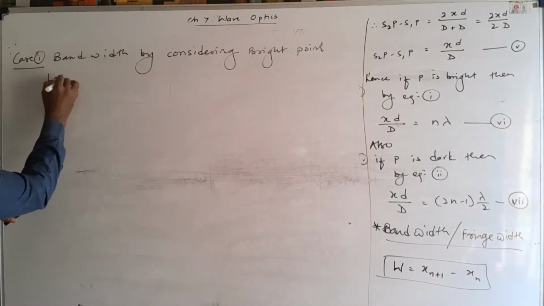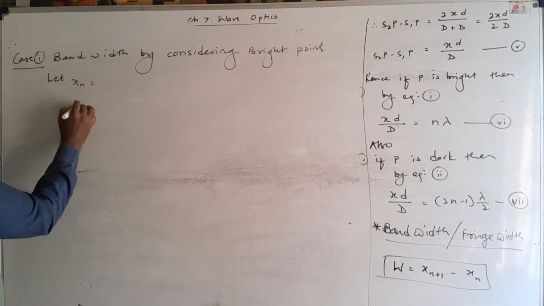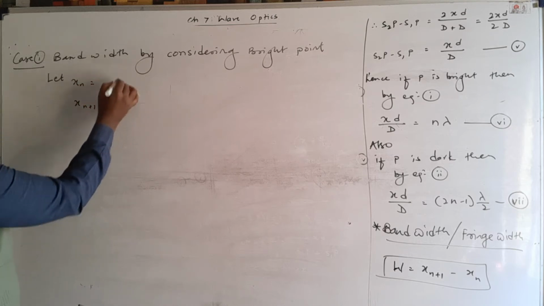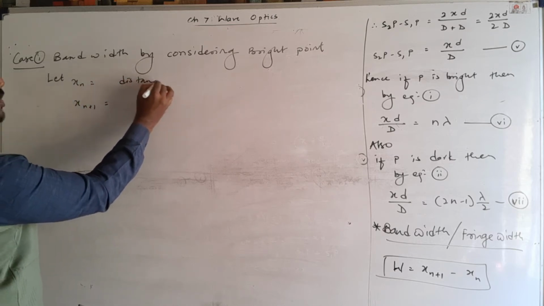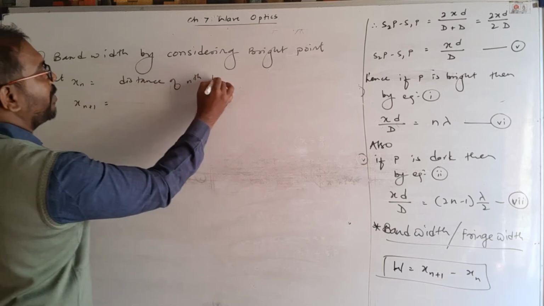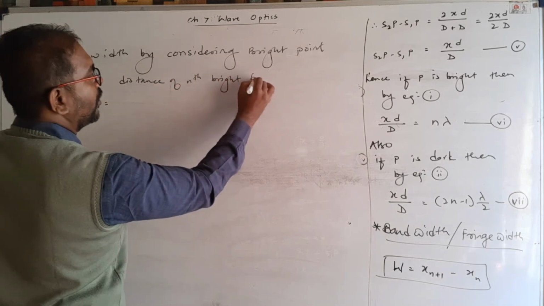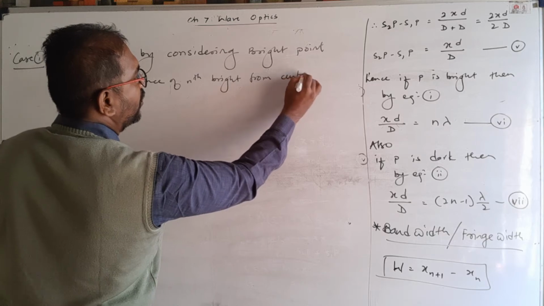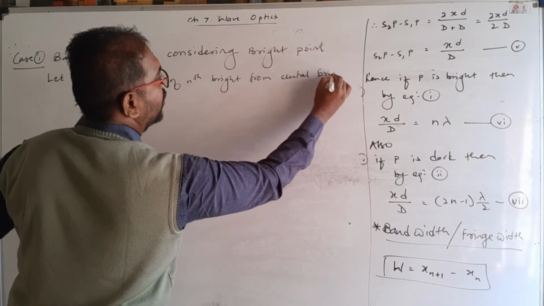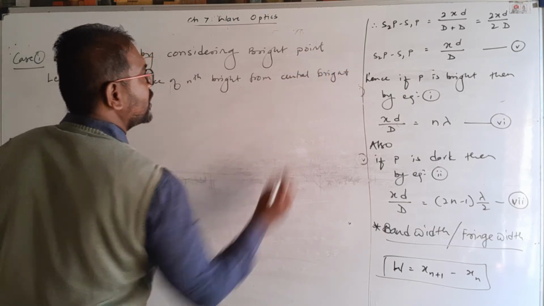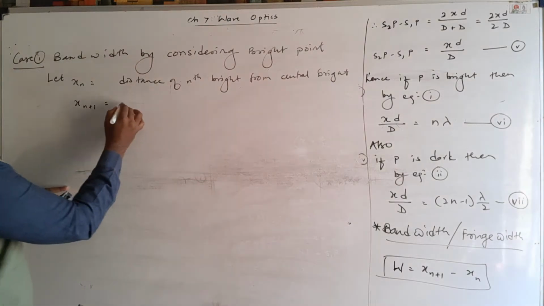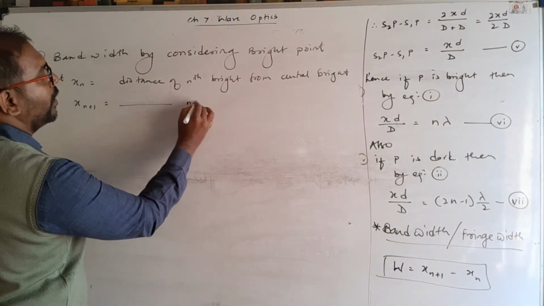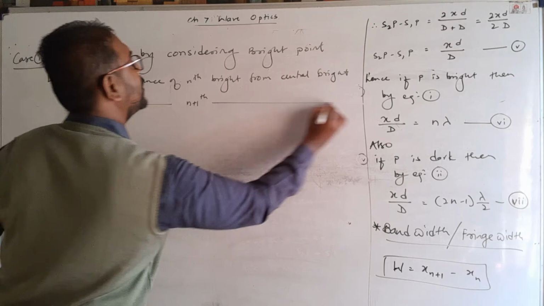Let xn and xn plus 1 be the distances of the nth bright and the n plus 1th bright from the central bright.